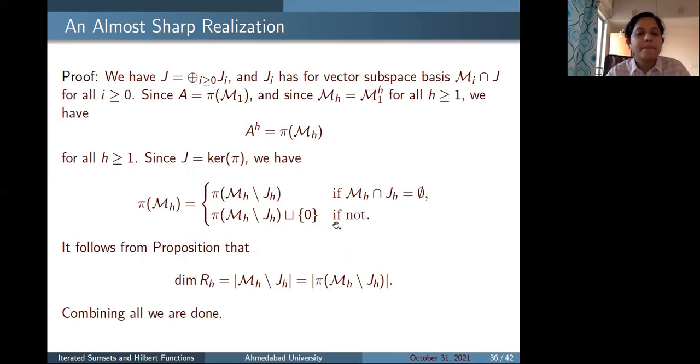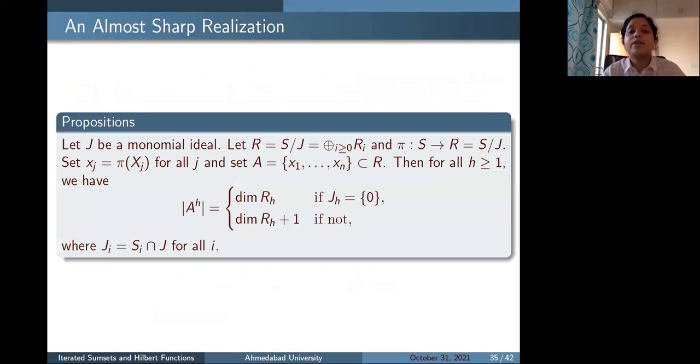Now from here it follows that the dimension of R_h is equal to the cardinality of M_h minus J_h, and that is equal to this. And combining these three things, we can say that the cardinality of A^h would be this quantity.